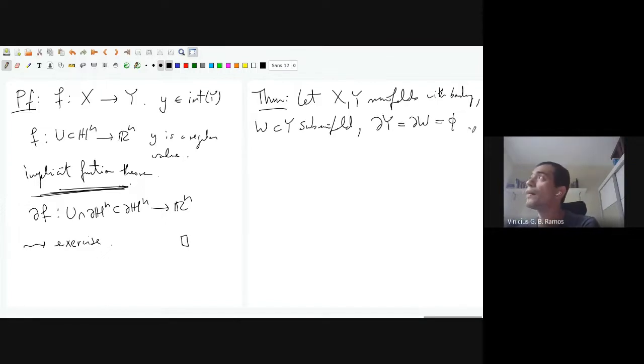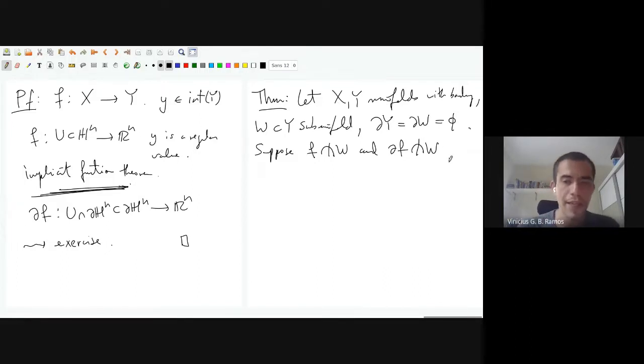Okay? And now we suppose that f is transverse to W, and the boundary of f is also transverse to W. So again, f being transverse to W is not enough.